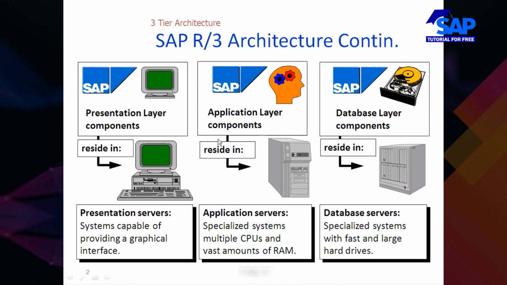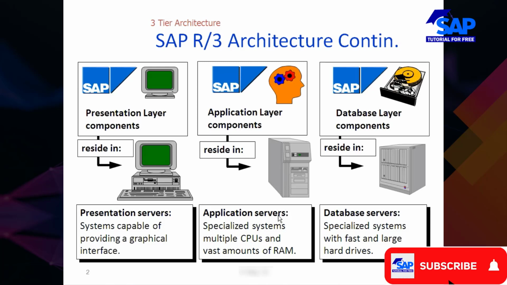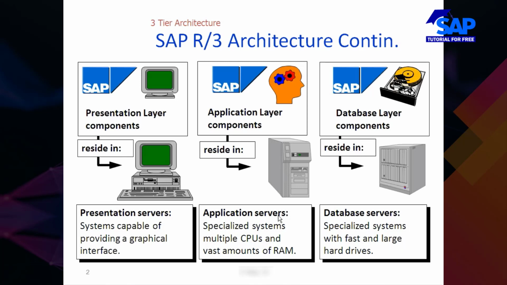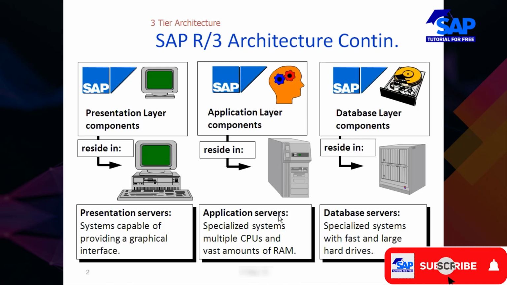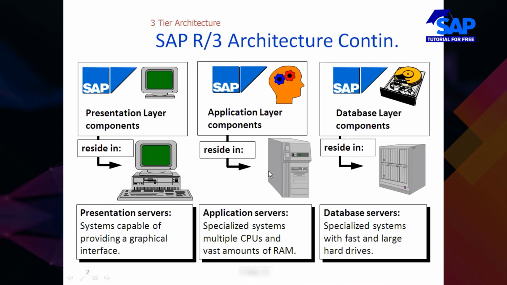All the applications reside in the application server. When I say application, all your SAP MM transactions, all your SAP FI, CO, SD, whatever business transactions that you carry out in day-to-day business operations, they are all called applications or application components. They reside in the application server.